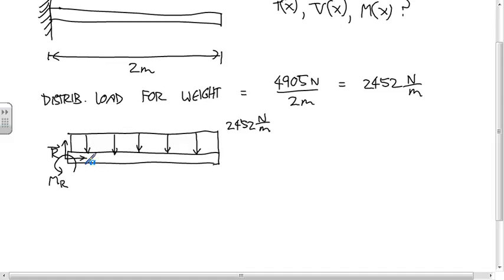Before we can do our cuts and stuff, we have to figure out what these external loads are at the fixed joint.